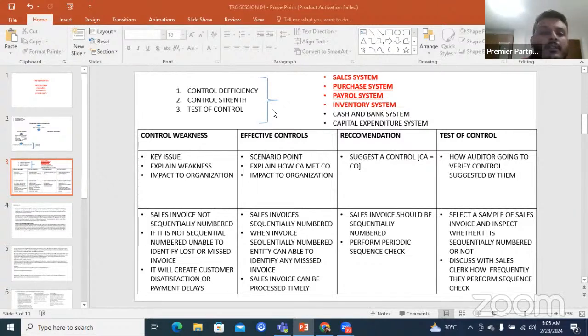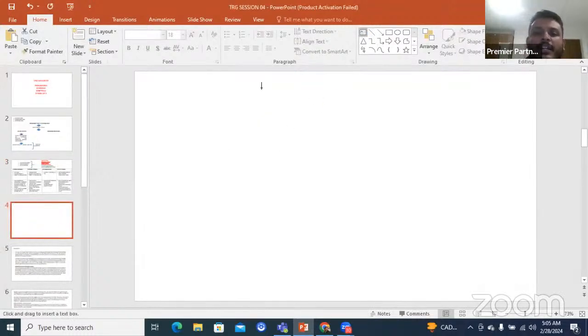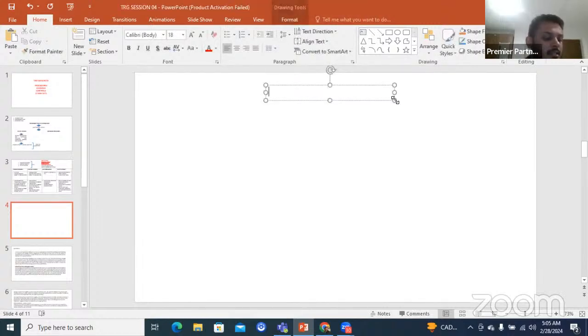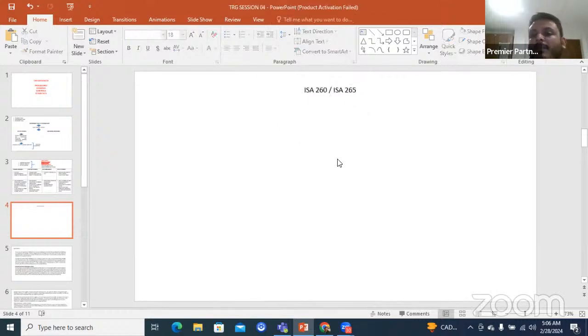Now students, sometime in your final exam, they might ask you to write these deficiencies in a specific format, like a report. For example, I don't know how many of you remembered or studied this, ISA 260 and ISA 265, communicating deficiencies to those charged with governance.